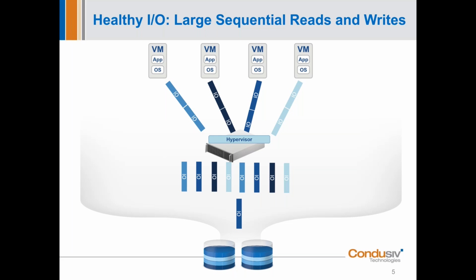Storage I/O reduction, optimization, and RAM caching represent a significant reduction in workload that has to be processed by the backend storage. This is not only true of SQL Server storage traffic, but other workload types too. So in this example on the screen, let's say that the first VM is hosting SQL, and the second is hosting the application that interfaces with SQL, and the other two VMs are hosting busy file servers, and they're all sharing that same backend storage.